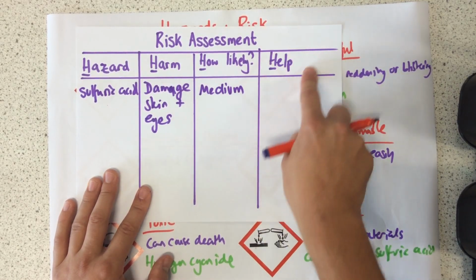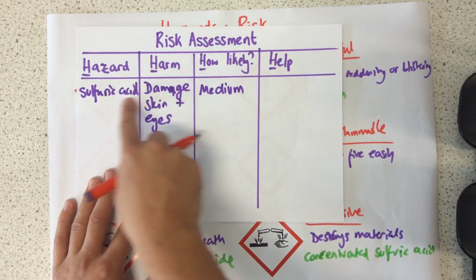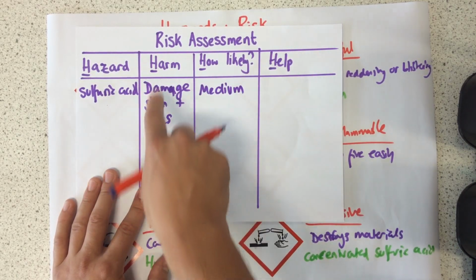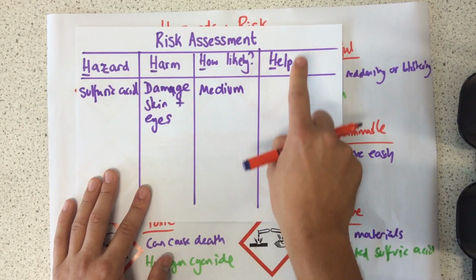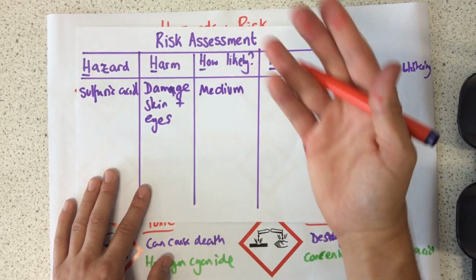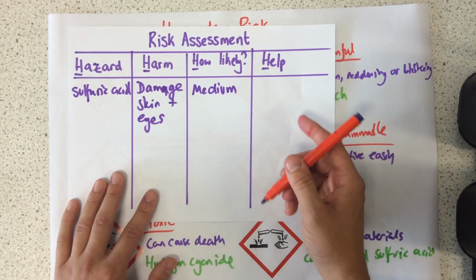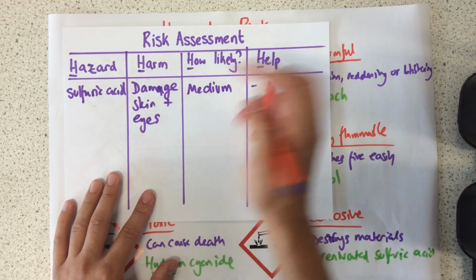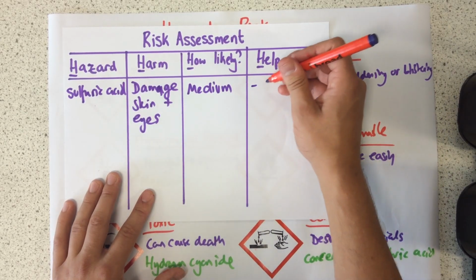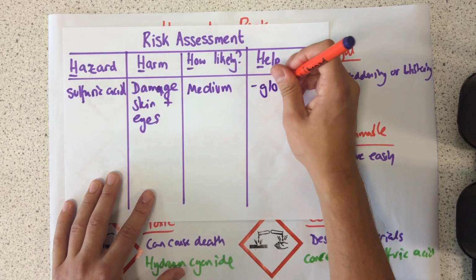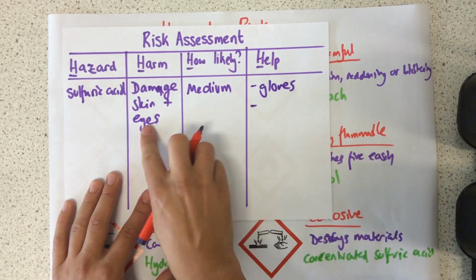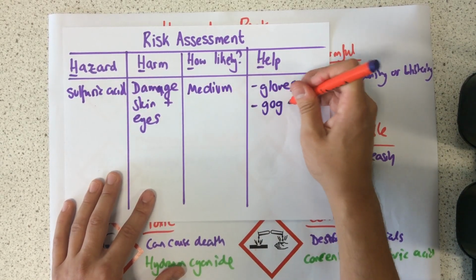So this final stage is the really important one. Considering the damage that could be caused, the harm that could be caused from the hazard, what can I do to make sure I don't get harmed by this? So what I could do to prevent the damage of the skin, I could wear gloves. To prevent damage of my eyes, I could wear goggles.